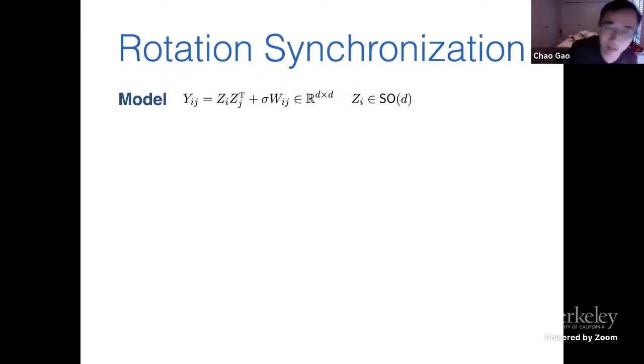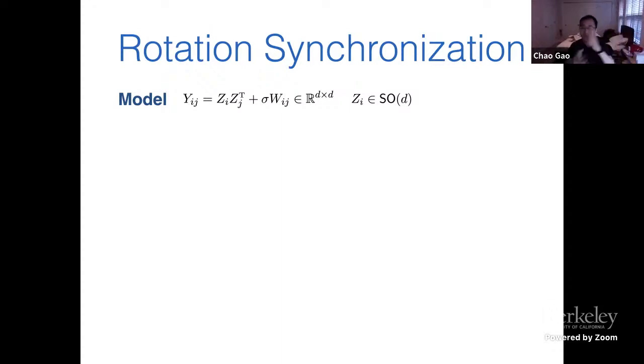Okay. All right, so that's almost the end of the talk, and I would like to use the last slide to tell you about a generalization from phase synchronization to general rotation synchronization. So here, the model is a noisy observation of the pairwise difference between two rotations. Z_i, Z_j are members from the rotation group SO(d). When d equals 2, that's just the two-dimensional rotation, which is exactly the phase synchronization problem.